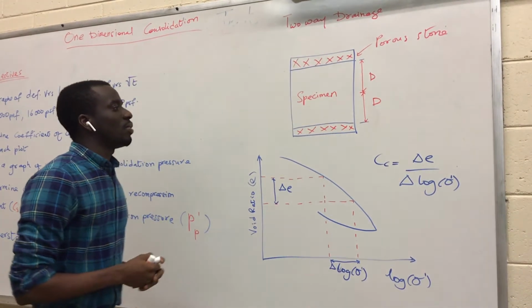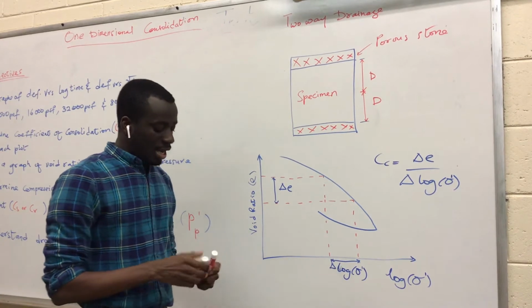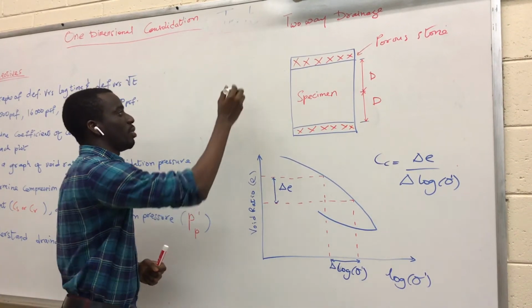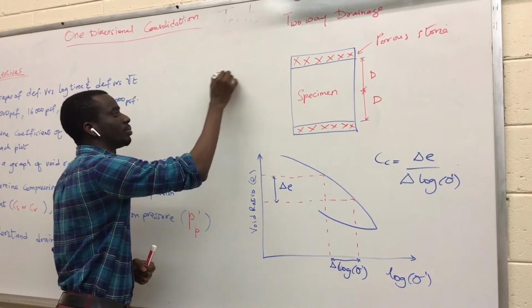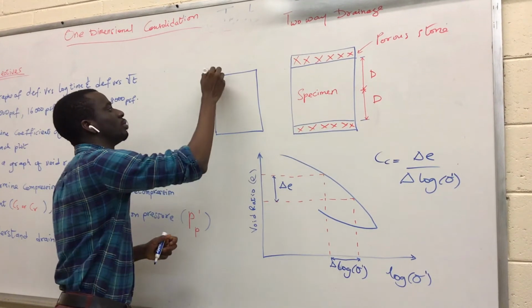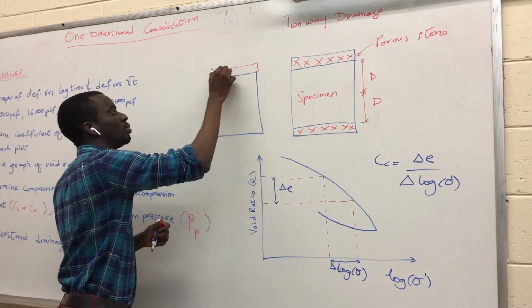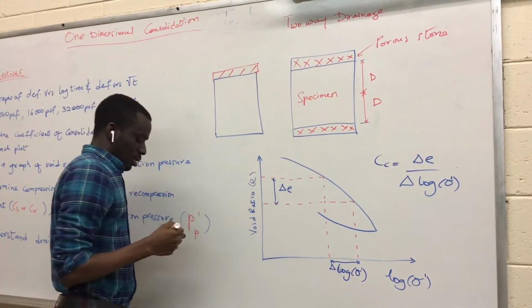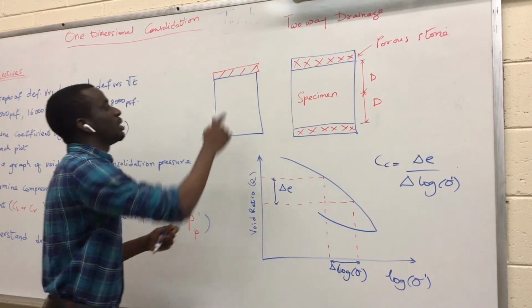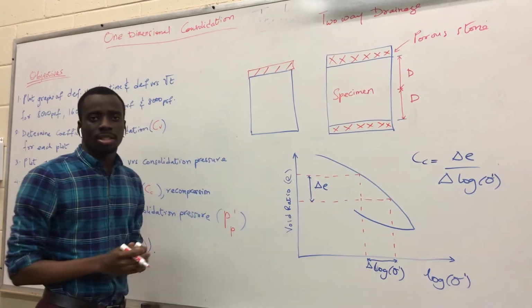Now, the reason why it's called two-way drainage in this sense is because, unlike the one-way drainage, which I'll draw right now, so this is my one-way drainage, which means that the porous stone is placed on only one side of the sample.